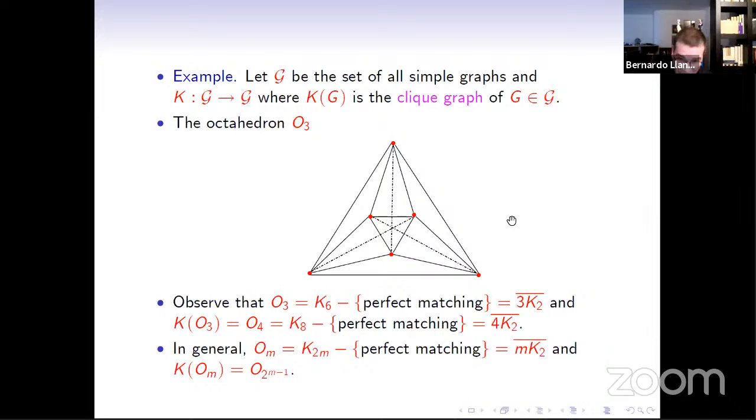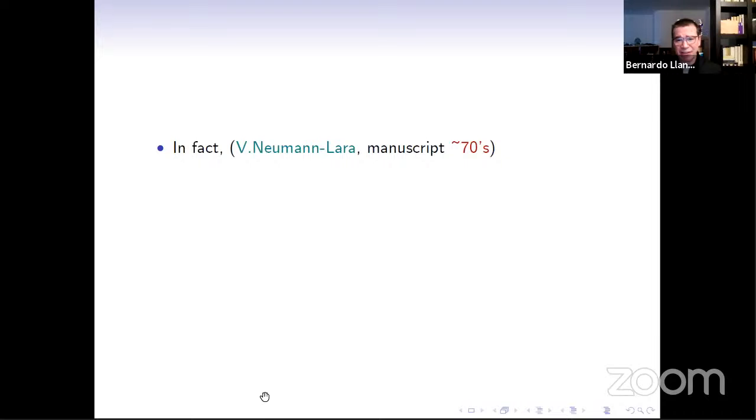You can consider it as m copies of K2, and Victor Neumann proved in the 70s that the clique graph of an octahedron of dimension m is another octahedron of dimension 2 to the m minus 1. This is a very old result. I have the manuscript, but I couldn't find it for this talk, because I wanted to get a photograph of the page where he wrote about this.